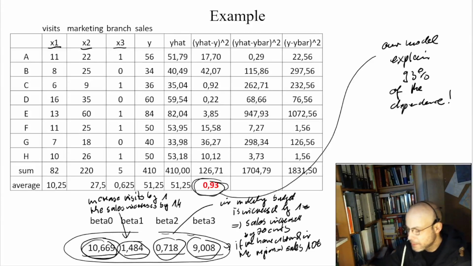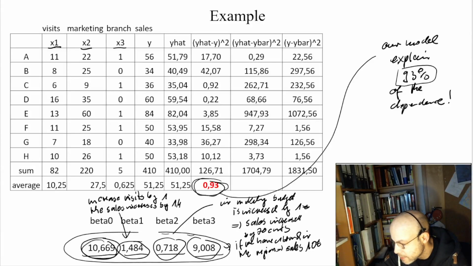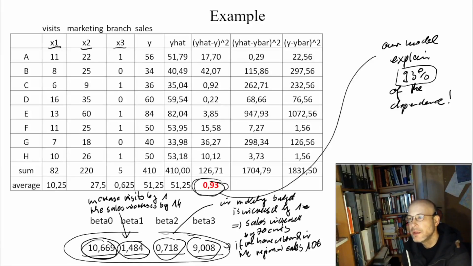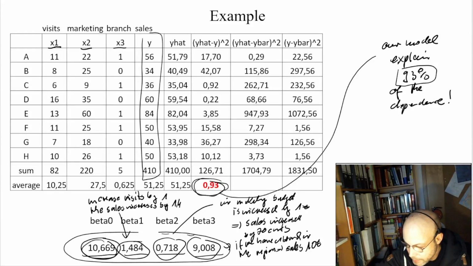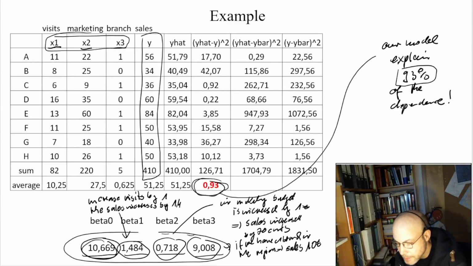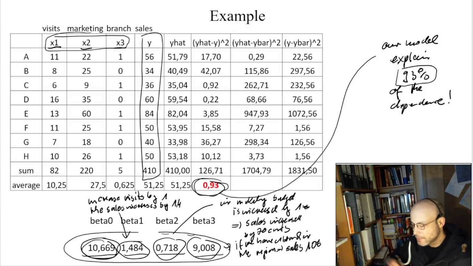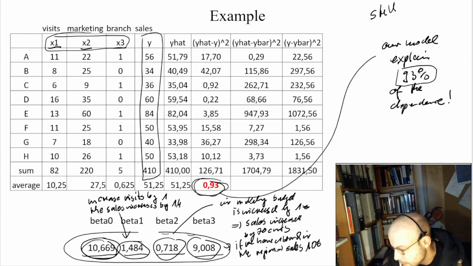And this coefficient of determination, we could interpret that this would say from this correlation, we could explain 93% of our variable y with our three explaining variables: visiting, marketing, and branches. That this is, of course, still only a descriptive explanation.